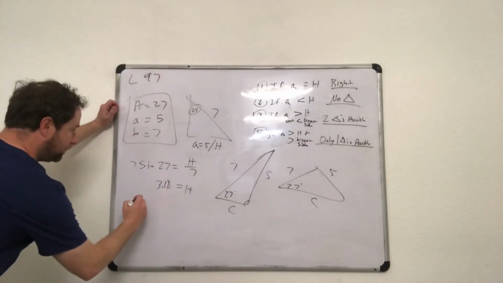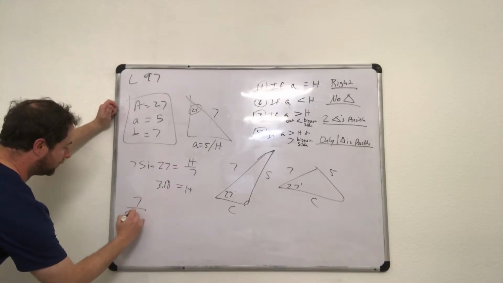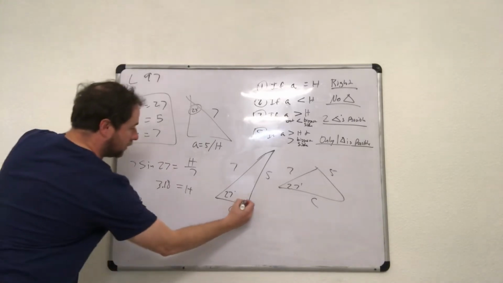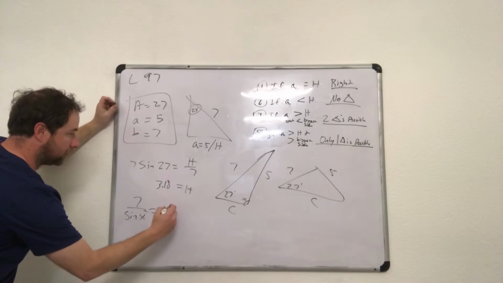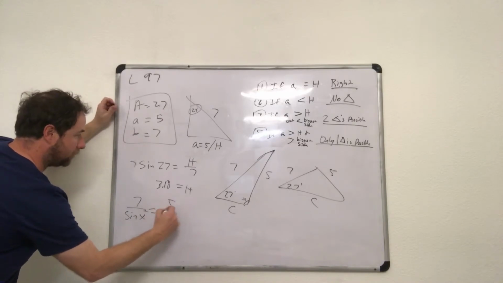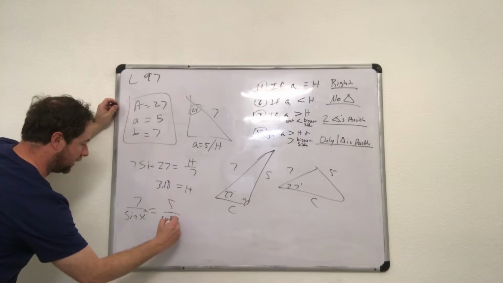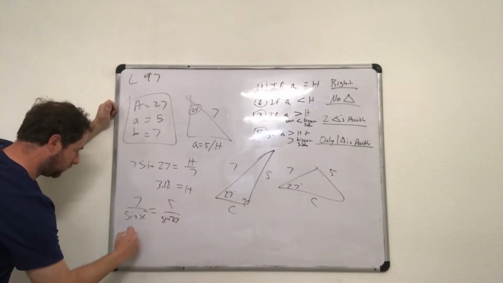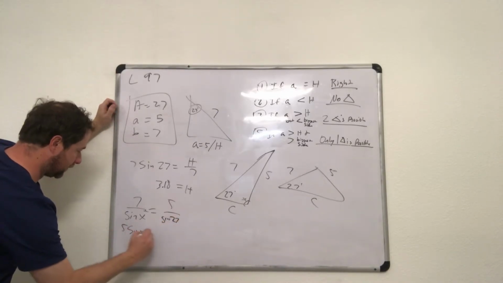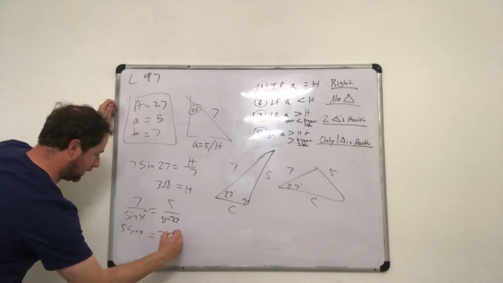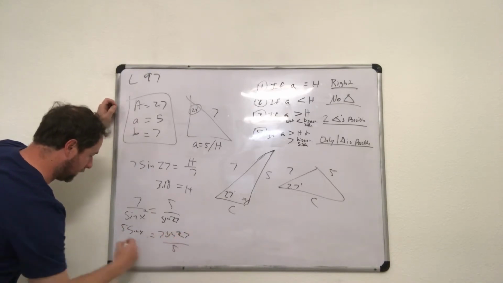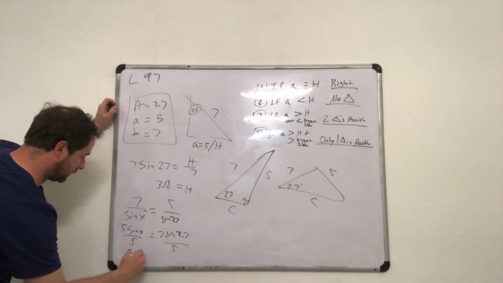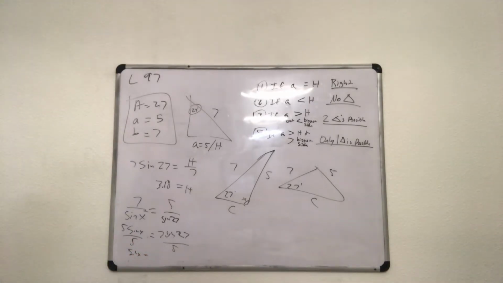So we go 7 over sine of x equals 5 over sine of 27. So we get 5 sine x equals 7 sine 27. Divide both sides by 5. We get sine x equals 0.635.